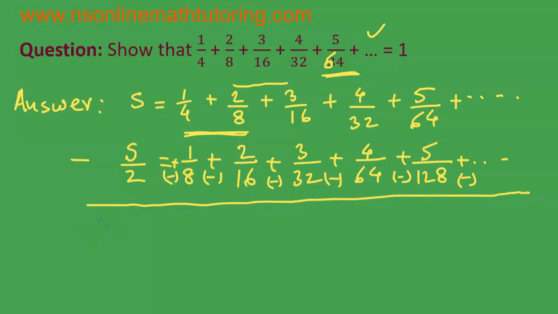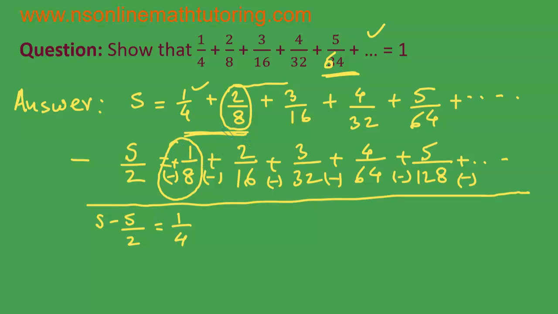And on the left hand side, we are having S minus S divided by 2 is equal to, now 1 over 4 we write it as it is, and we are having, see, 2 over 8 we are having from here, and this is minus 1 over 8.